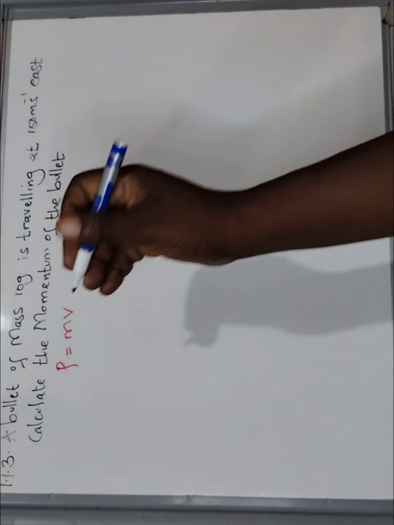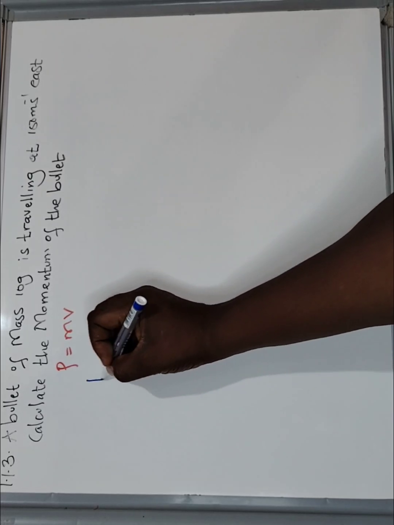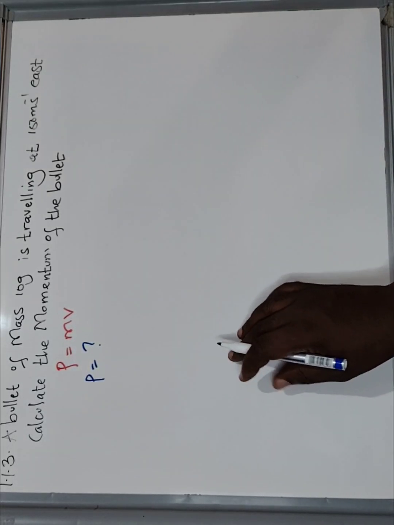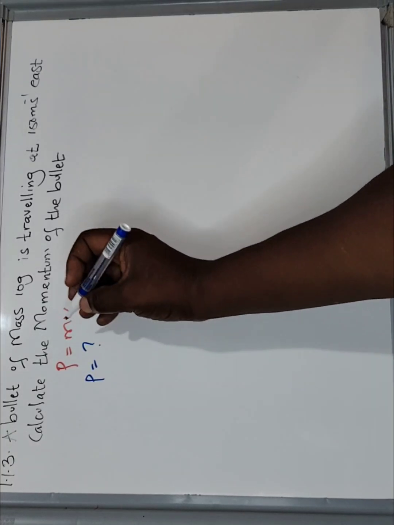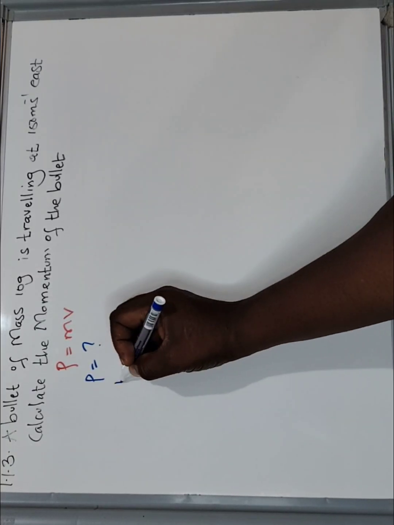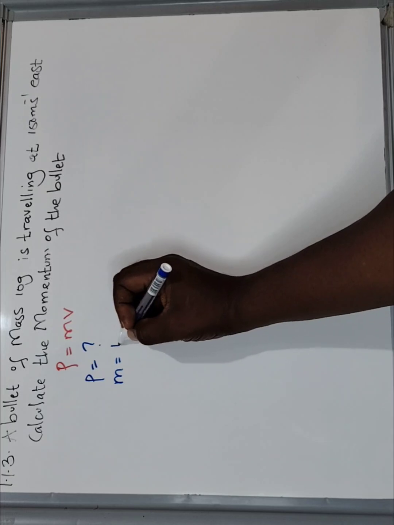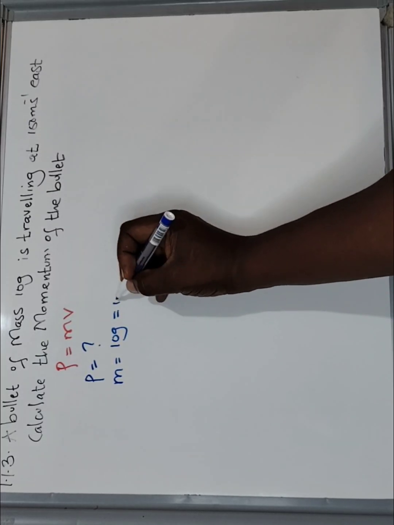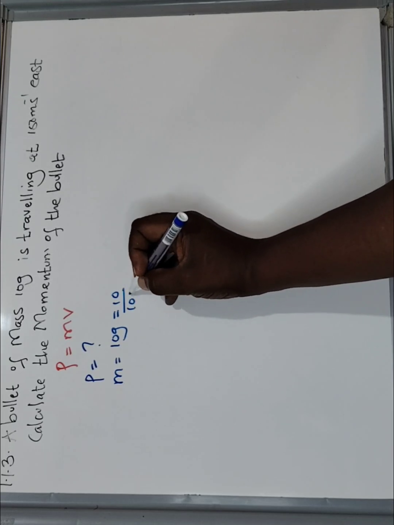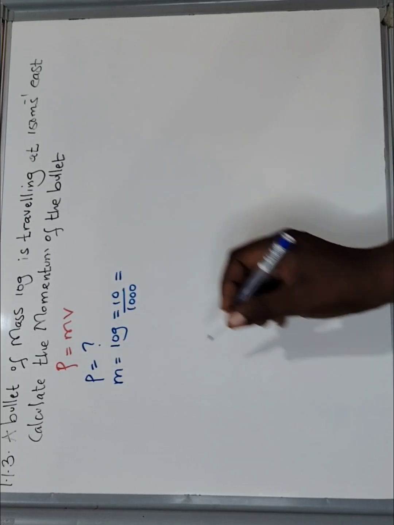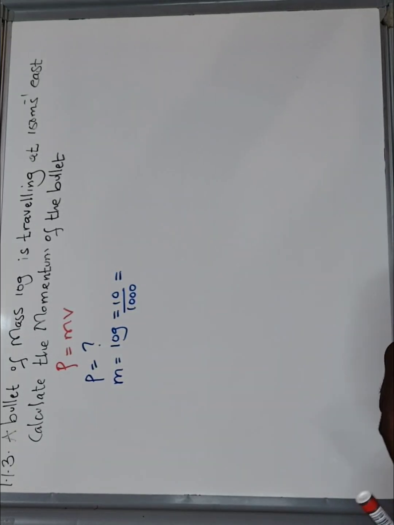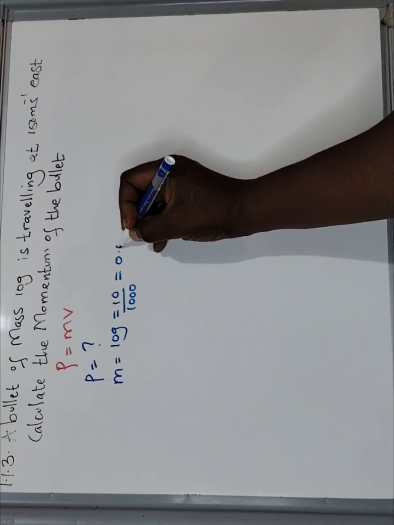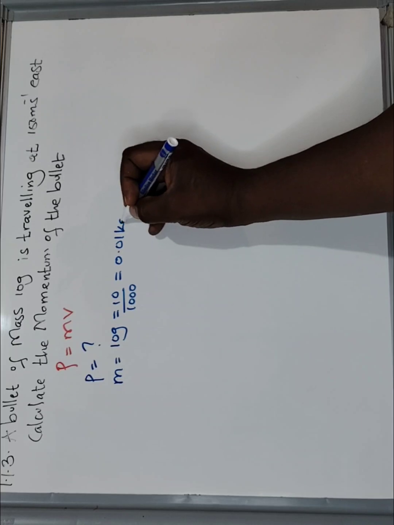Okay, from here you have to recall that it is P you are looking for. And what else do you have here? You know mass. The mass is 10 grams. That's not SI units. So what do we do? We change it to kilograms by dividing it by 1000. And what you get out of here is going to be 0.01 kilograms.